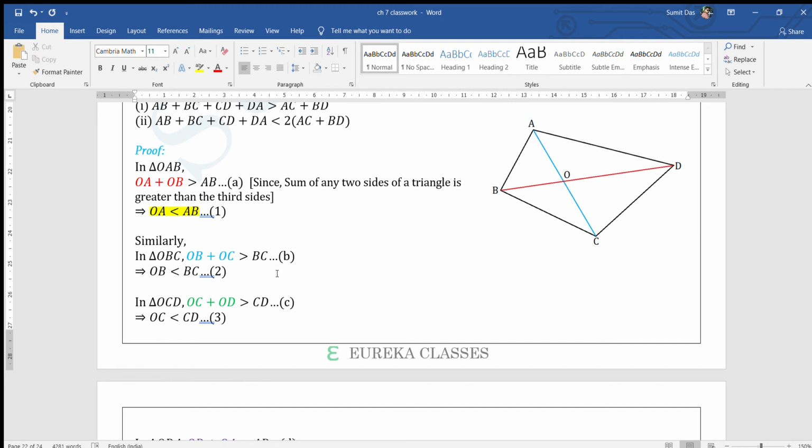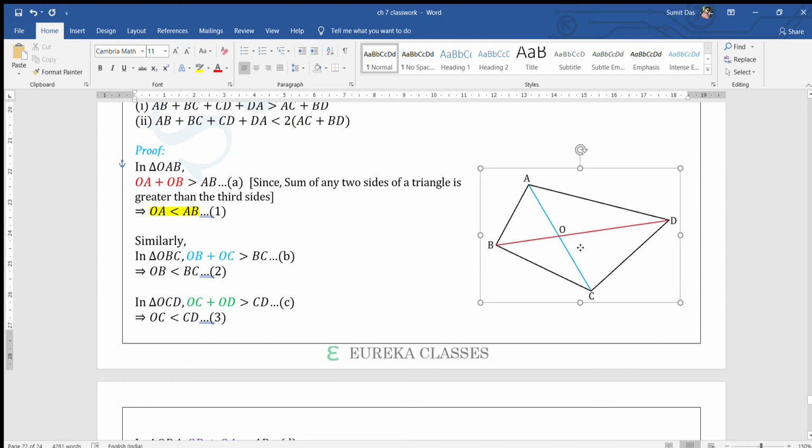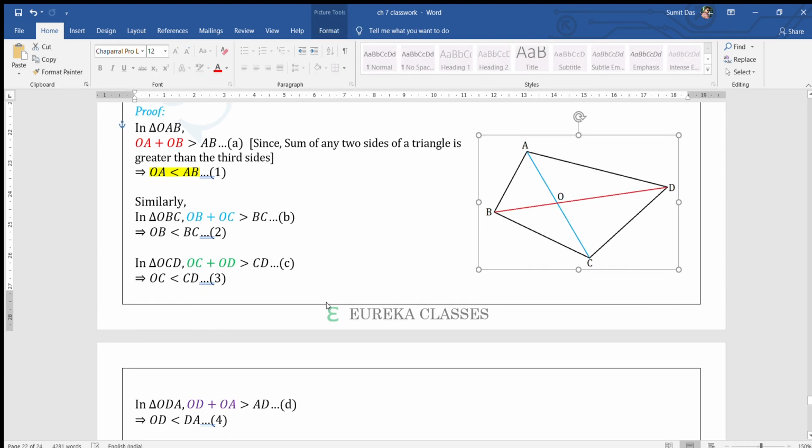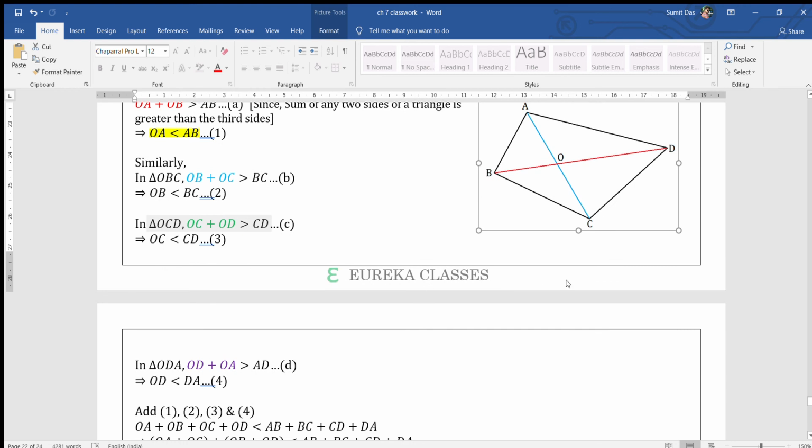Okay. Now in triangle OCD, similarly we will follow the same thing in the other two triangles. In triangle OCD, OC plus OD is greater than CD, and OC is less than CD.